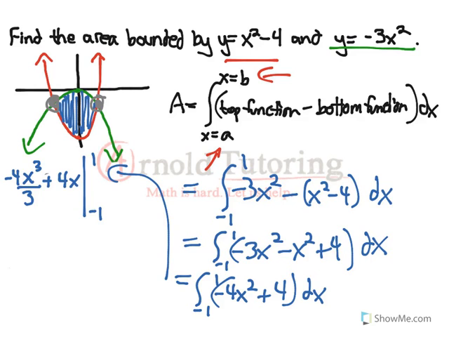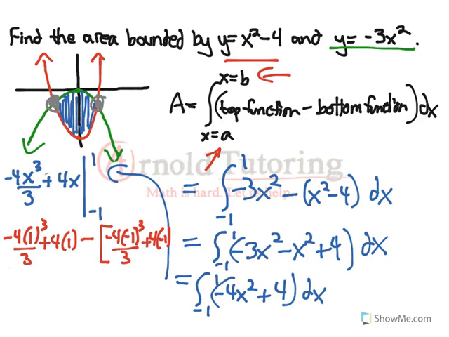This means we plug in 1 for each of them, then subtract plugging in negative 1. So it's going to look like negative 4 times 1 cubed over 3 plus 4 times 1 minus, and now we plug in the negative 1. Careful with your signs here. Negative 1 to the 3 over 3 plus 4 times negative 1. Now, again careful with our signs, we get negative 4 over 3 plus 4.